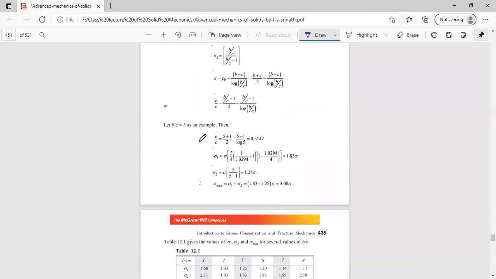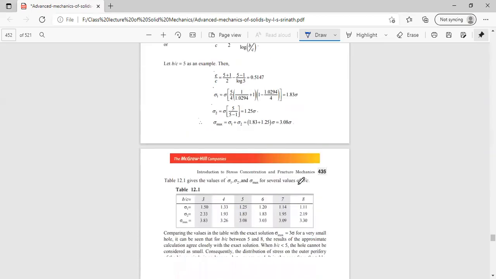If, as an example, we put B by C equal to 5 and simplify it, the value of sigma 1 will be 1.83 sigma, sigma 2 will be 1.25 sigma, and sigma max will be 3.08 sigma itself.